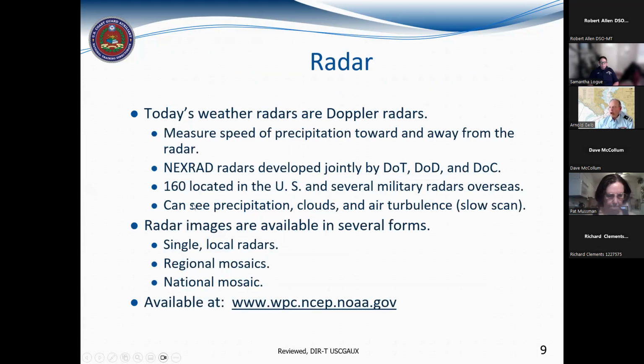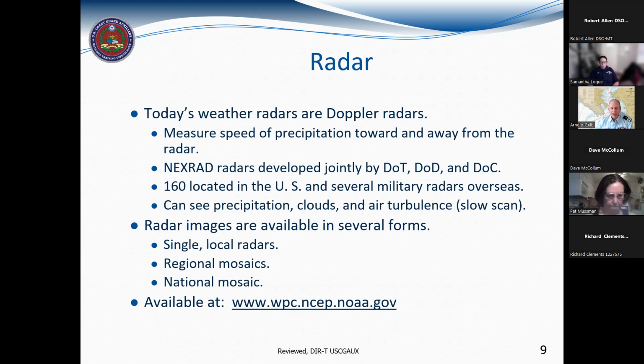Turning now to radar, today's radars for weather are Doppler radars. An advantage of Doppler radar is that it can measure the speed of precipitation either toward or away from the radar. NEXRAD radars were developed jointly between DOT, DOD, and DOC. There are 160 located in the United States, as well as a number overseas for the military.